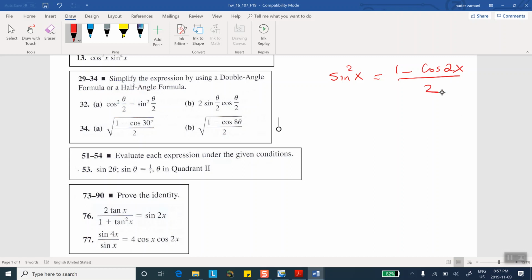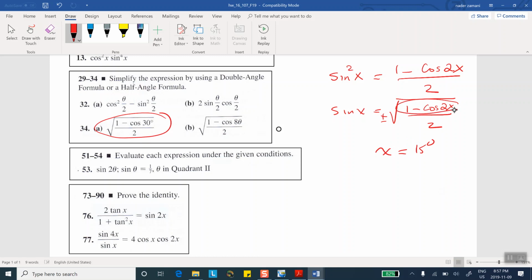Or simply, if you take the square root of it, you get plus or minus the square root of 1 minus cosine of 2x over 2. When you compare this, your x is 15 degrees.